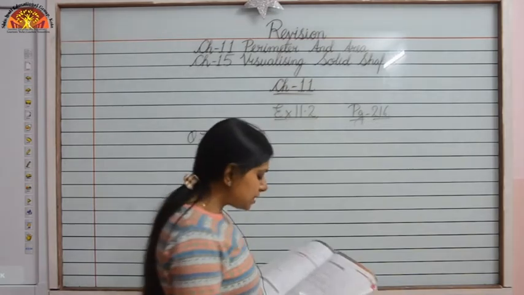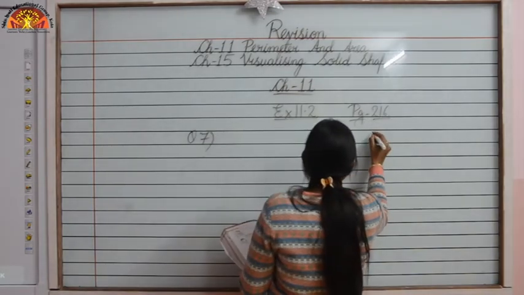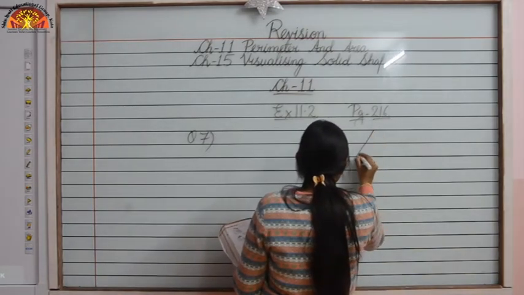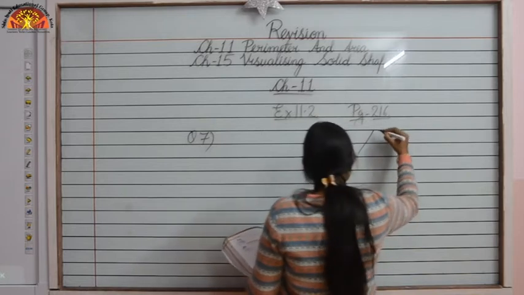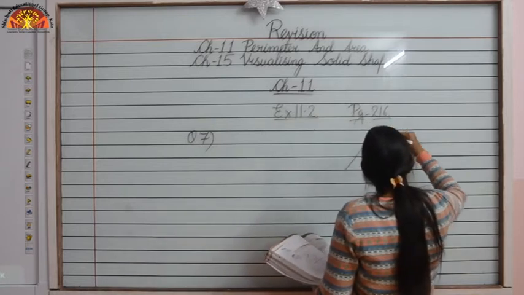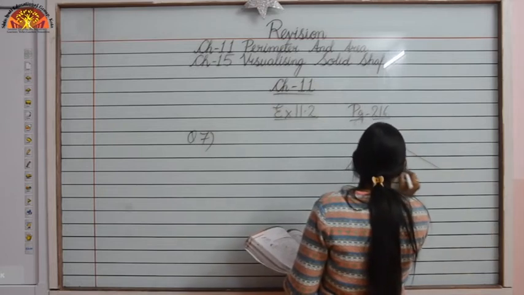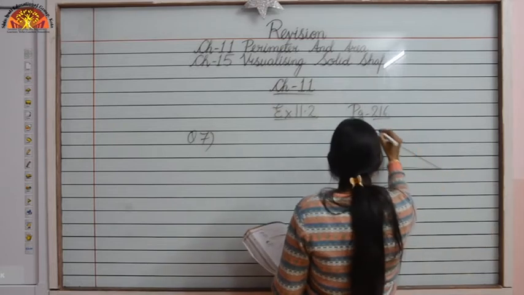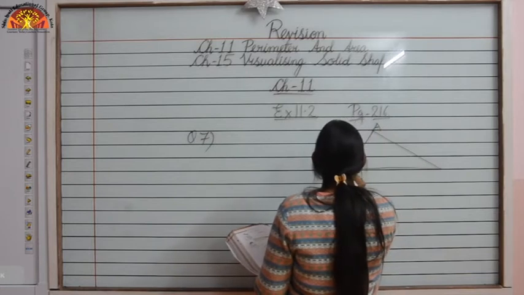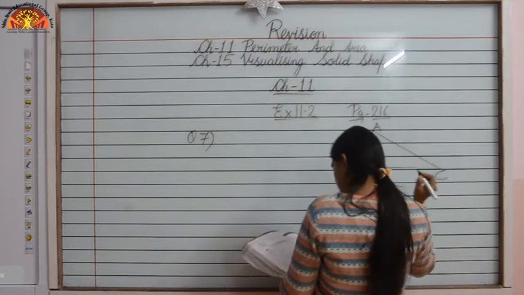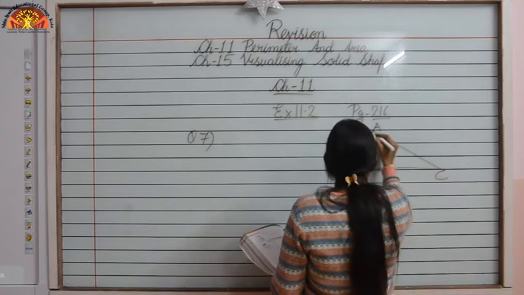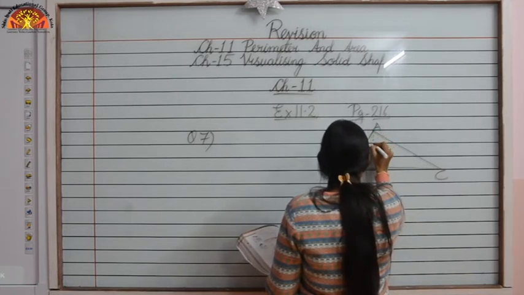So first of all, we'll just draw the figure. This is the triangle ABC. And this is the altitude AD.